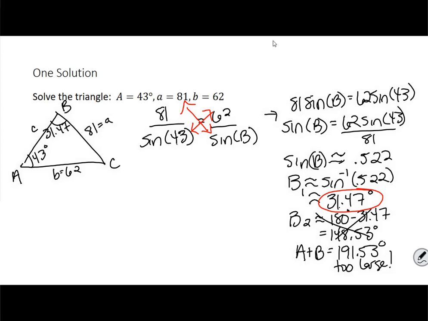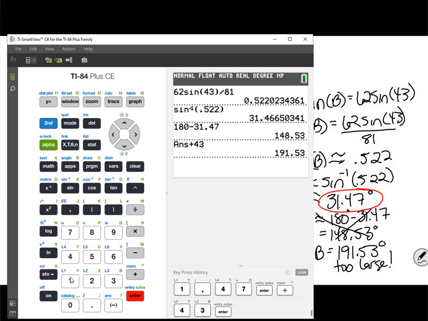All right, so now the rest of it comes fairly straightforward. I'm given angle A and B, and now I can easily find angle C. So angle C equals 180 minus angle A and minus angle B. So 180 minus 43 minus 31.47.